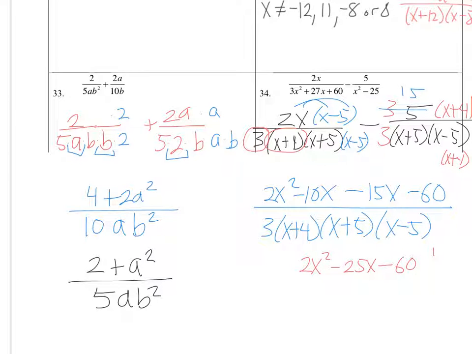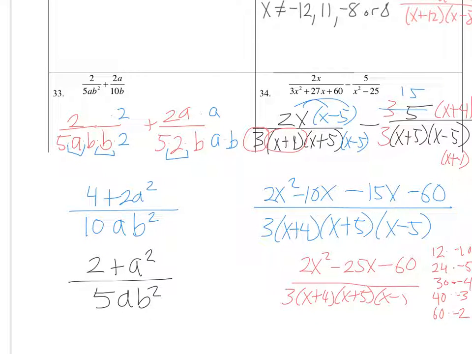We got 12 times negative 10, no. We're going to have 24 times negative 5, no. 30 times negative 4, no. 40 times negative 3, no. 50, 60, 60 times negative 2, nope. And 120 times negative 1, definitely not. Okay. And then the bottom, we're just going to have 3, x plus 4, x plus 5, x minus 5.